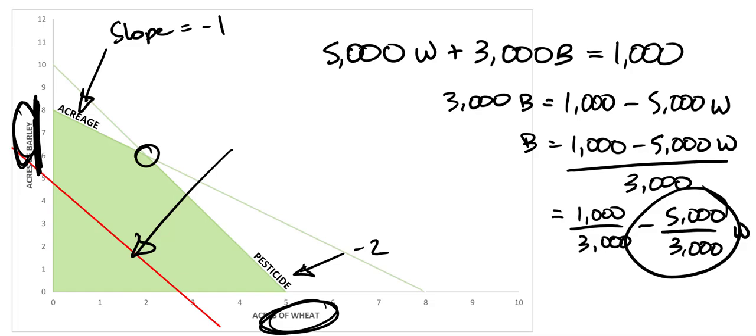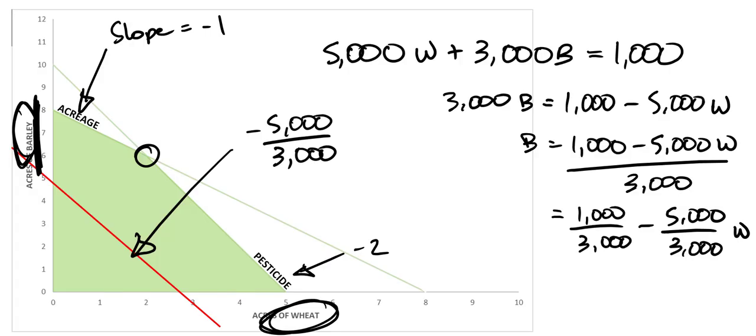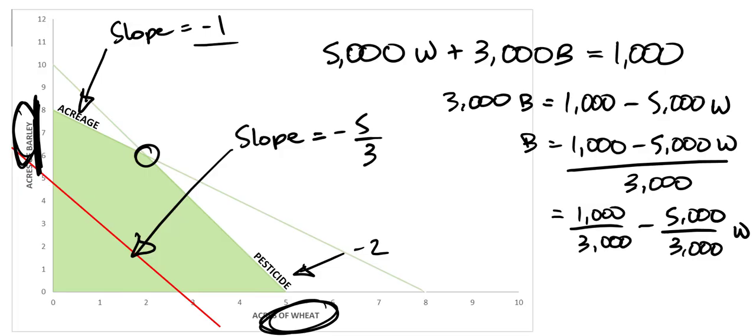Or in this case, the slope of the line would be minus 5,000 over 3,000, which, simplifying this, I could simply write as a slope of minus 5/3, which, as we said, should occur somewhere between the slope of minus 1 and minus 2.